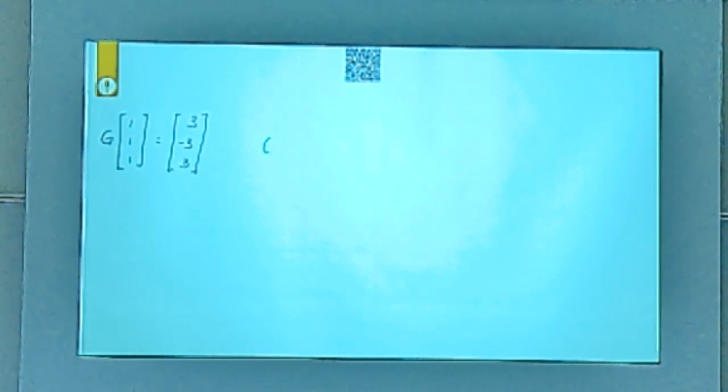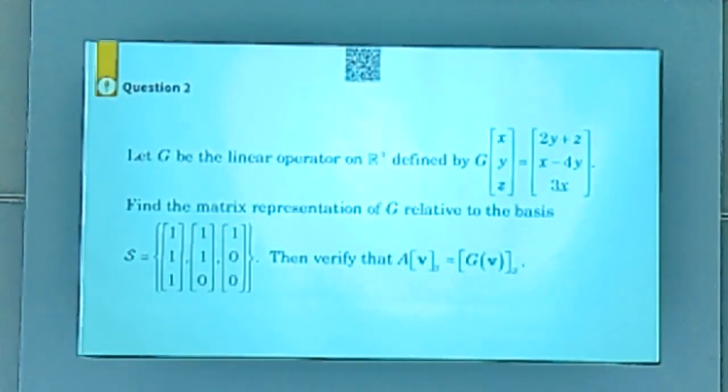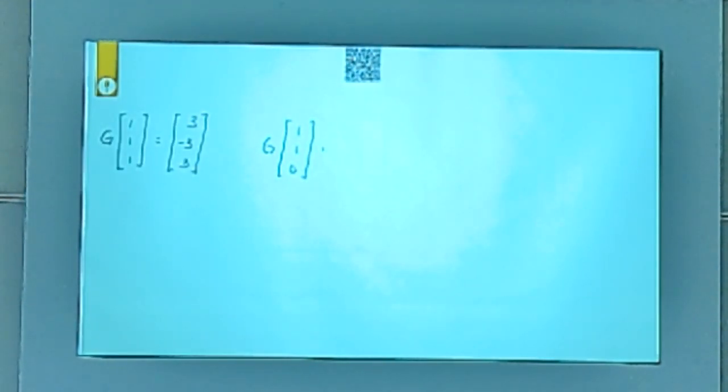That's what G of (1, 1, 0) is. (2, negative 3, 3). Last one was (1, 0, 0), right? (0, 1, 3).